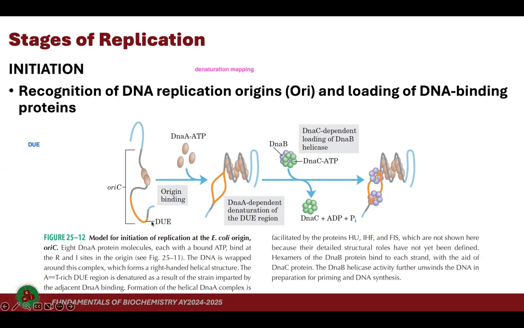Okay, it's the DUE which is rich in AT. It's different from your ORI. Your ORI, or replication origins, also have defined base sequences or DNA sequences. DUE is AT rich because this is where the unwinding will start.